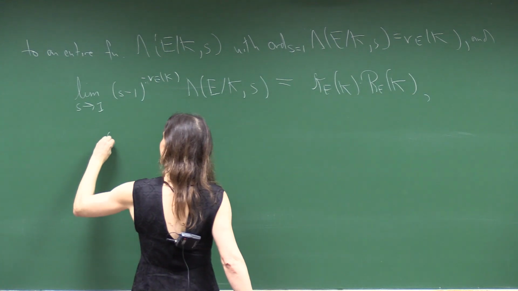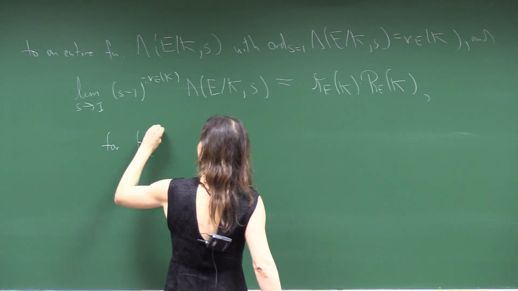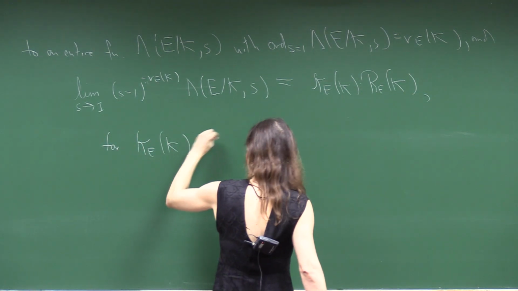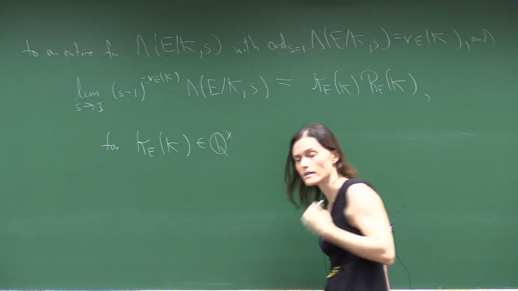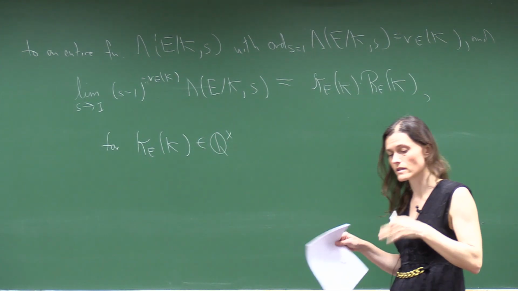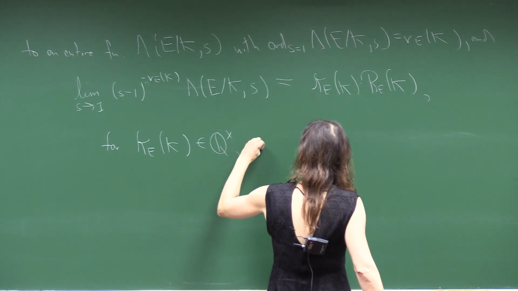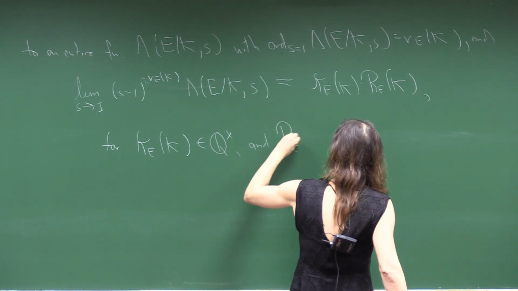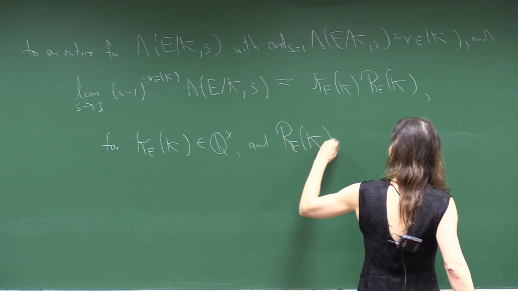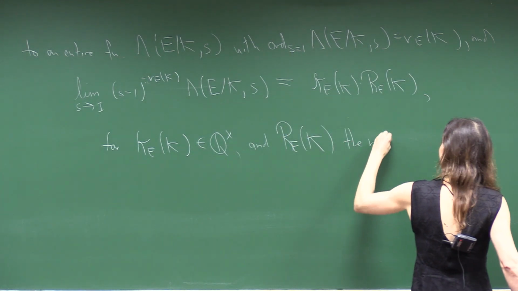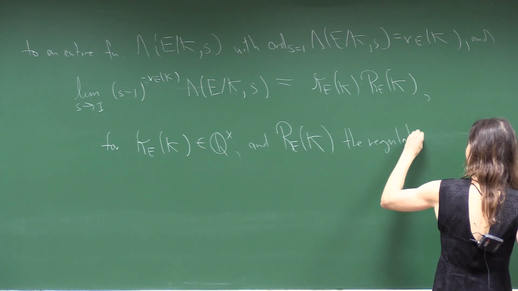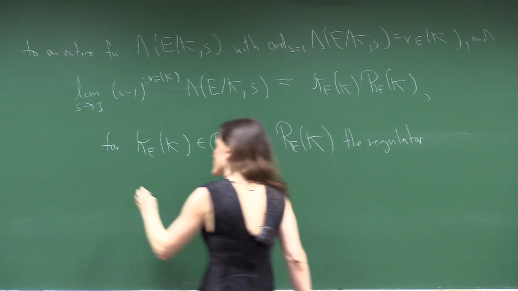So for kappa, some precise non-zero rational number, which I won't describe here, but we have a very explicit formula for it, and REK, the regulator. So the regulator, the way it's defined, is you fix a basis.